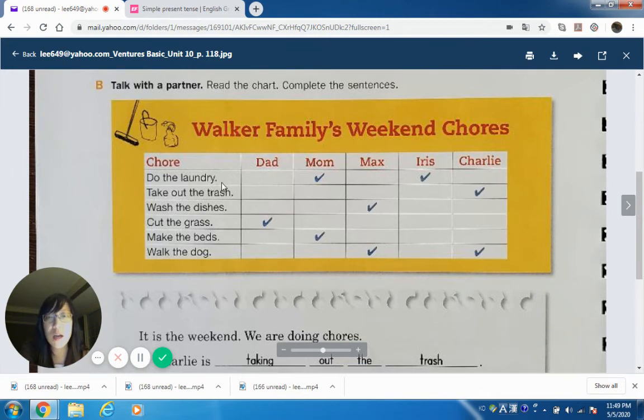These sentences are all command sentences. Command sentences start with the verb. Instead of "I do the laundry," that's just a regular statement sentence. Now, there's no subject.